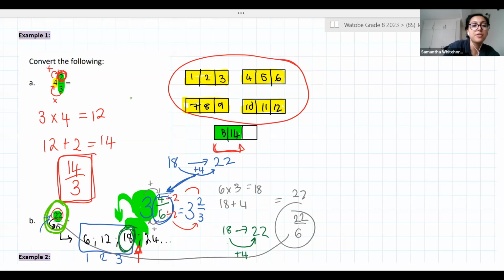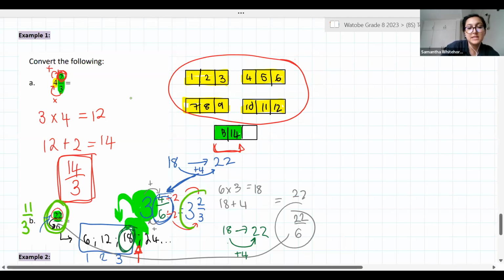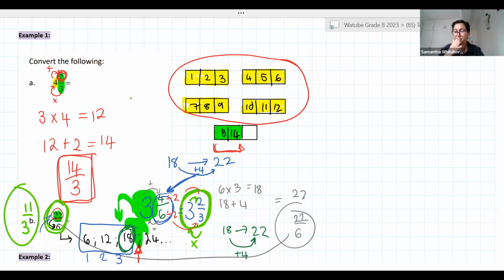I can divide both of those by 2 and I would get 11 over 3. If we then take this 3 and 2/3, 3 times 3 is 9 plus 2 is 11. So I get 11 over 3 as well. So it's fine that you've simplified, you do end up with the same thing. Good question, well done.